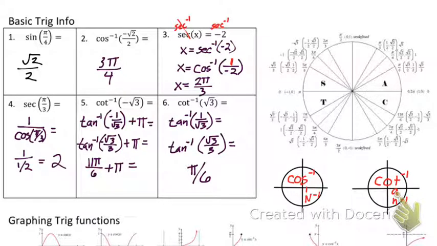Pi is really 6 pi over 6, so this is realistically 17 pi over 6, which is the exact same thing as 5 pi over 6 if we simplified it, because this is past 2 pi. So this is a full revolution past. Either one of these would be acceptable. Just remember, if you're taking the cotangent inverse of a negative, you have to add pi.